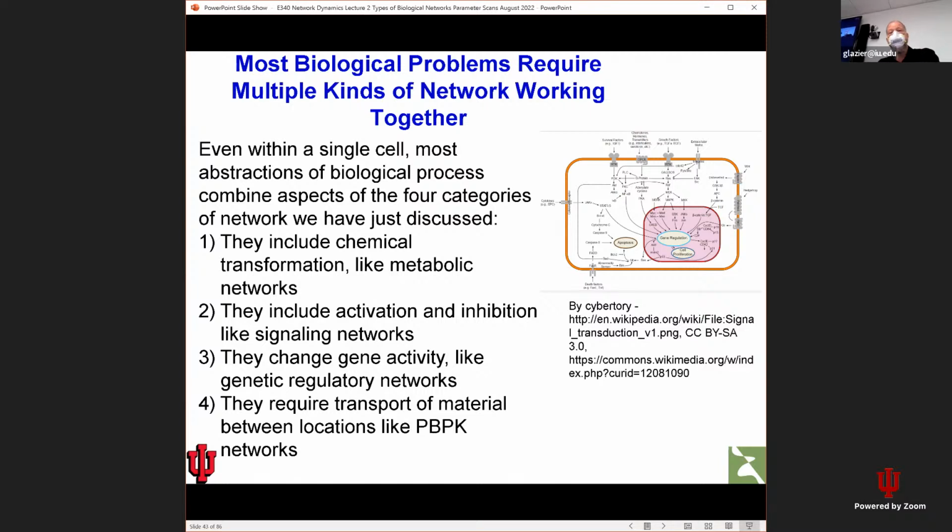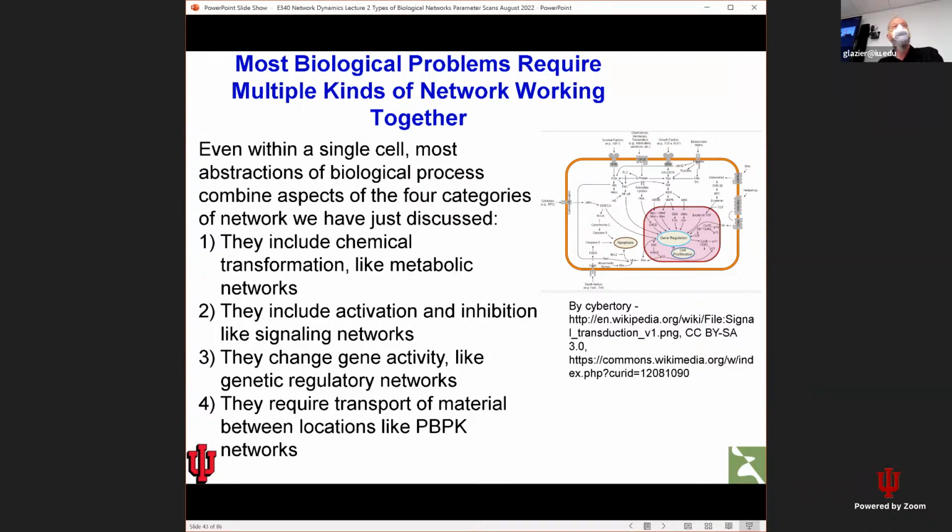In reality, all of these things work together. There are chemical transformations like metabolic networks, there's activation and inhibition and signaling networks. Almost everything you do to a cell changes gene expression at some level. And there's always transport. We've been talking in PBPK about transport within the body as a whole.